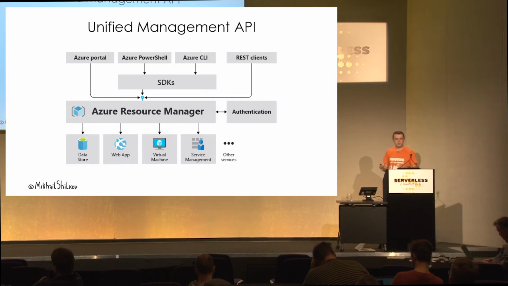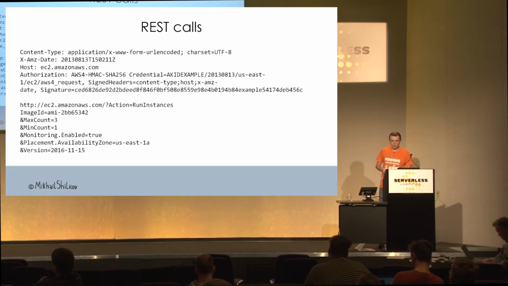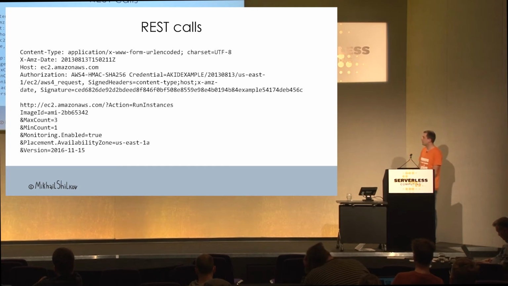So all SDKs, all CLIs, even the web console talk in the end to this API layer to create new services. On the lowest possible layer, you could do the same. You could just talk directly to that API with HTTP requests, and sometimes maybe you have to do this, but it's very low level. It's not very friendly to develop like this. So there are multiple ways to abstract it away.